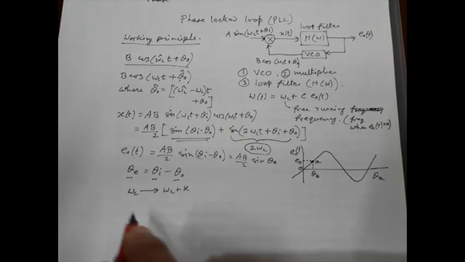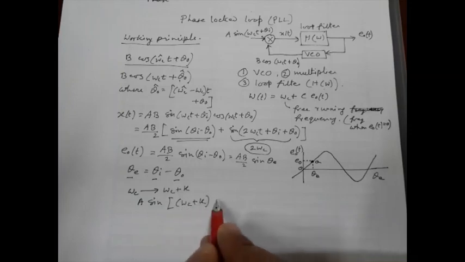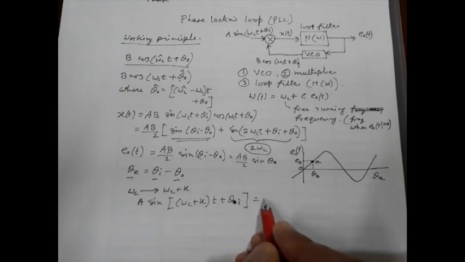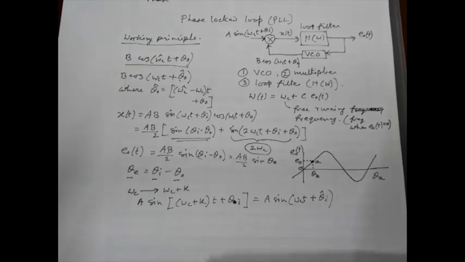That means now the incoming signal becomes a sine (omega c plus k) t plus theta I, that is equal to a sine omega c t plus theta I cap, where this theta I cap equals k times t plus theta I.